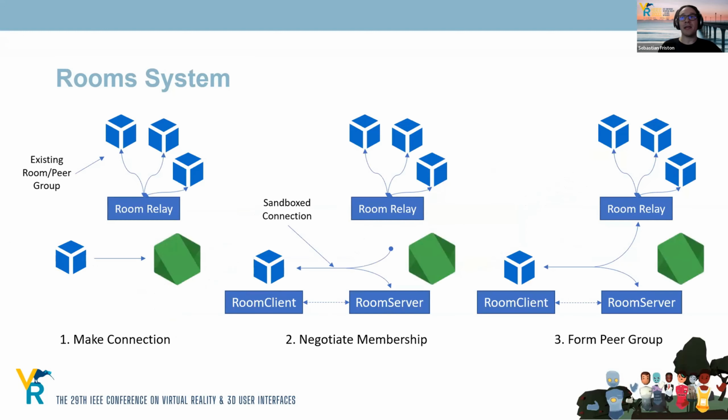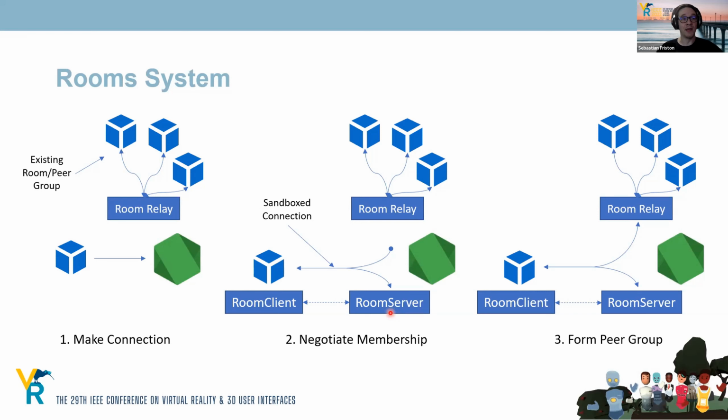When a Ubik application starts up, at least in our samples, the network scene first makes a connection to the server. At the other end of the connection is the room server, which is another Ubik component. So as soon as the connection is created, we are using Ubik's messaging system.